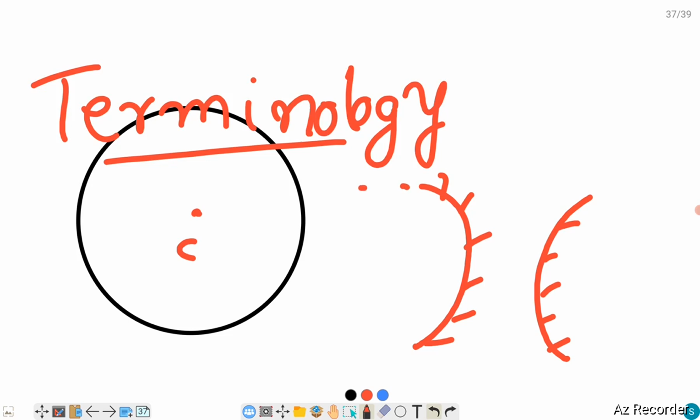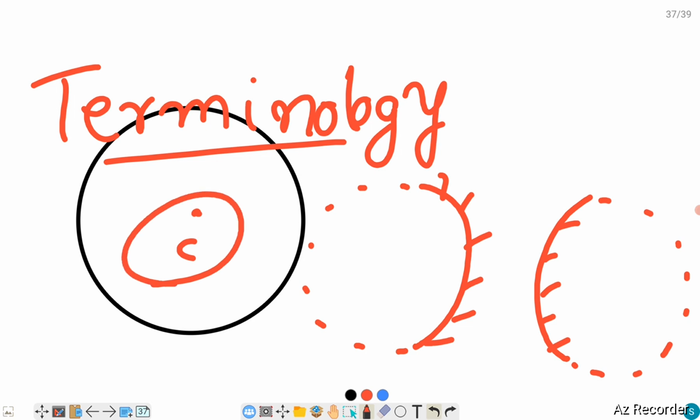So if the curves are joined like this, they form a sphere only. Now this center, whatever the sphere has, the same center they will have here and here. For a concave mirror it is in front of the mirror, and for a convex mirror it is behind the mirror.